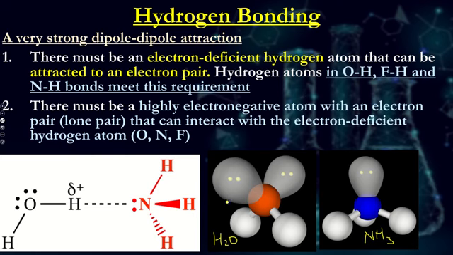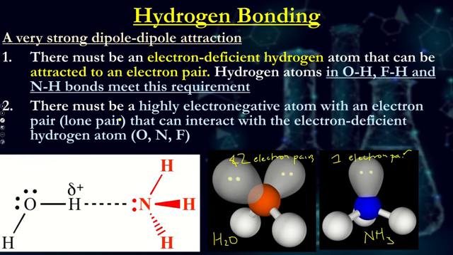If you have a look here, water has two electron pairs remaining, whereas nitrogen has one electron pair.